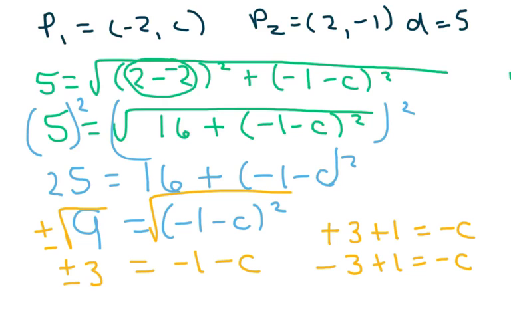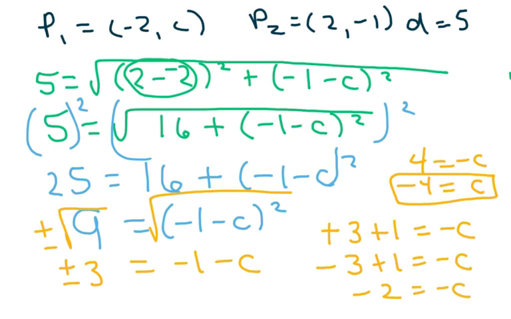So what we're going to get is 4 equals negative c, so that means negative 4 equals c. And this is going to be negative 2 equals negative c, so that means c equals 2. Now when you plug both these answers in, they both work. So you have 2 solutions that give you that distance.